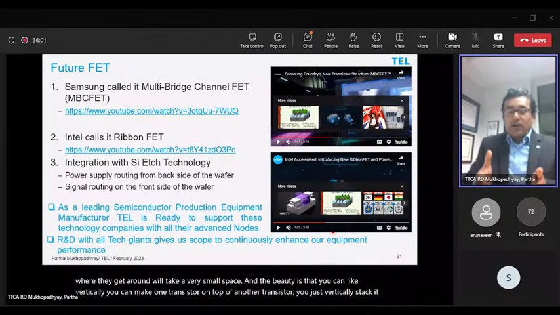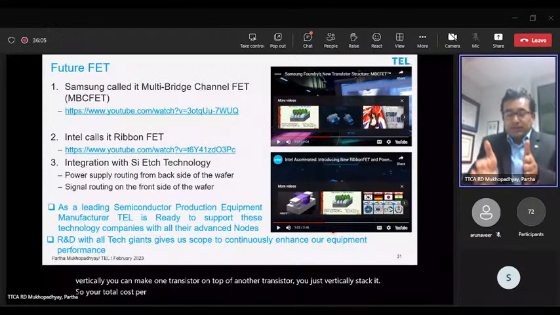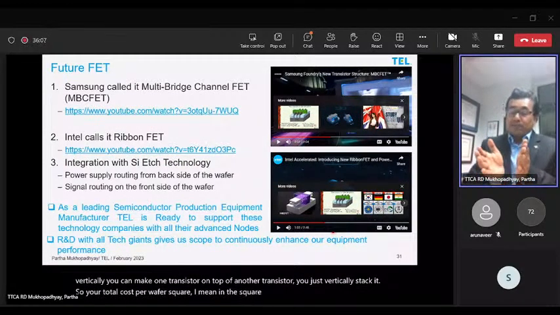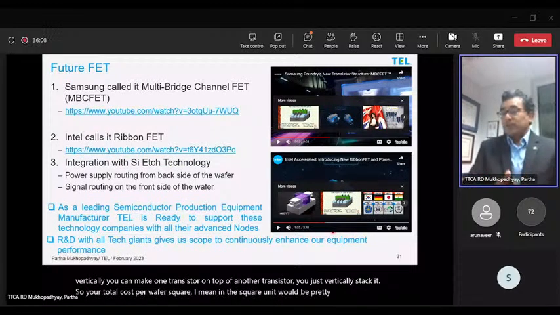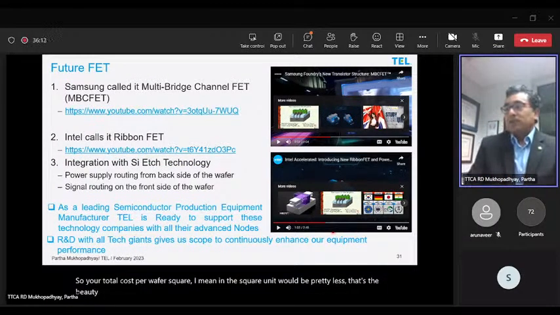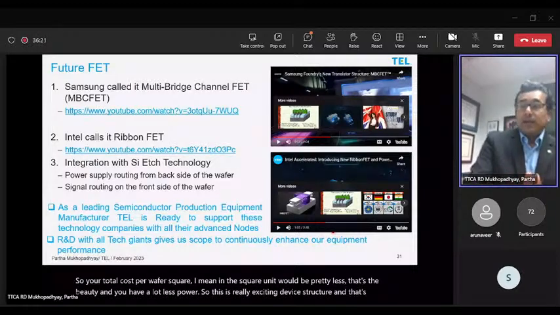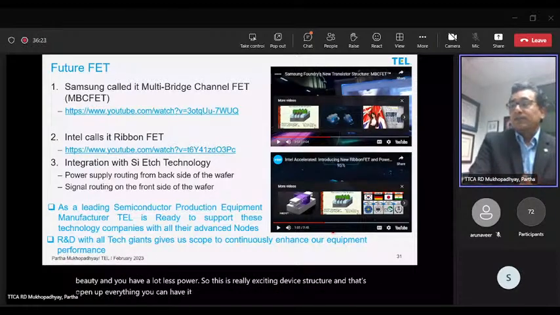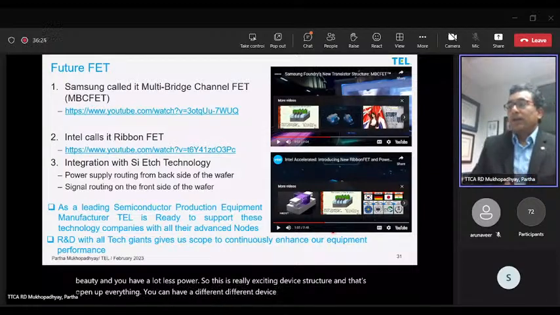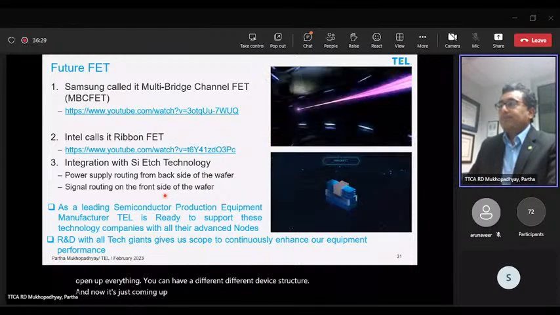So your total cost per wafer area would be pretty low. That's the beauty, and you have a lot less power. This is a really exciting device structure, and it opens up everything. You can have different device structures, and they're coming up very rapidly.